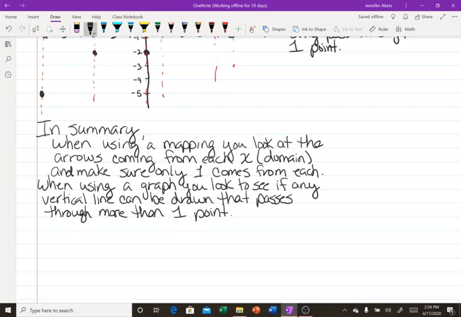Okay, so in your independent work, those are the two biggest things that you're going to be doing to practice the vocabulary: relation, function, domain, and range.